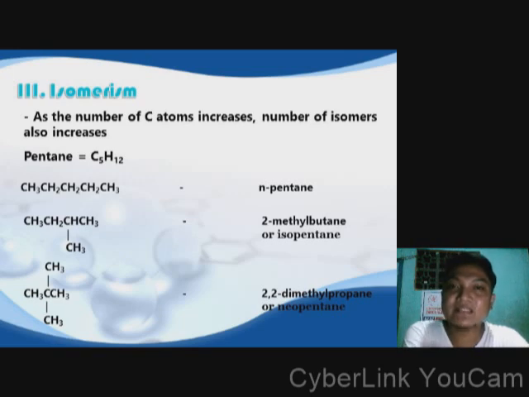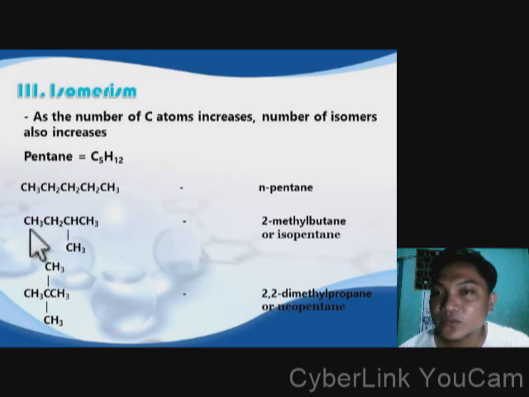Kasi ang sabi niya, di ba, sabi sa nomenclature, dapat doon sa lowest possible number. So, whether 2-methylbutane or your isopentane, tignan natin, ilan ang carbon doon sa 2-methylbutane? That is your 1. Ilan ang carbon? 1, 2, 3, 4, 5. 5 din, di ba?